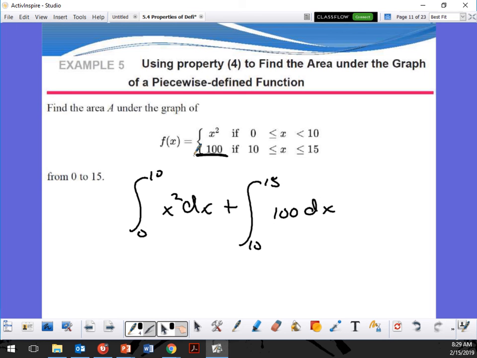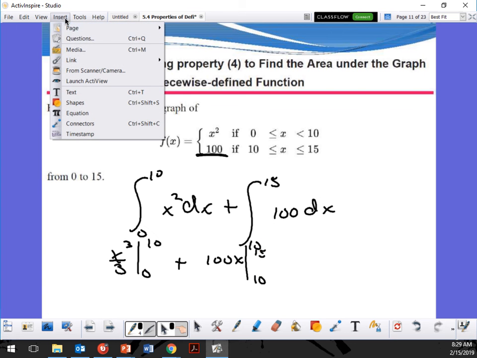Does that make sense? Okay, so it's going to be x cubed over 3 from 0 to 10, plus 100x from 10 to 15.